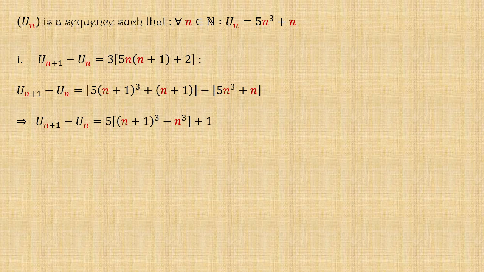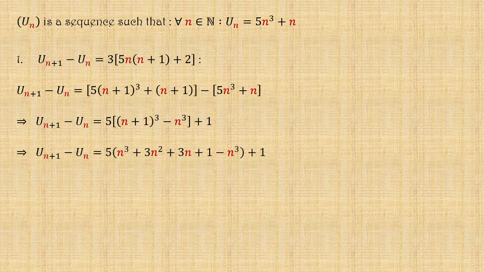By expanding (n+1) all to the power of 3, we find that u_(n+1) minus u_n equals 5 times (n cubed plus 3 times n squared plus 3 times n plus 1 minus n cubed) plus 1.